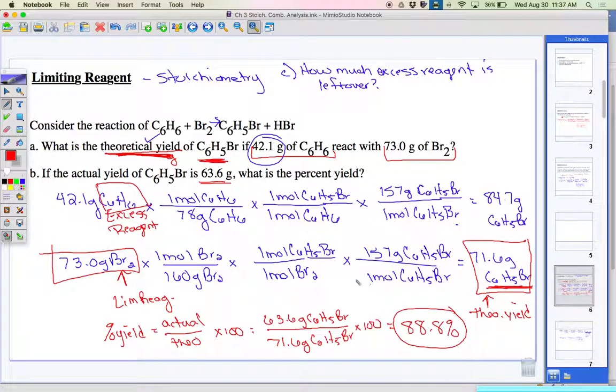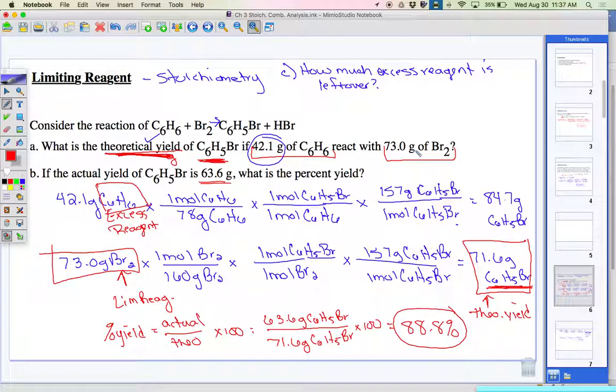You've assumed that 100% of it converted. Okay, so theoretical yield is just the answer to the stoichiometry problem. So that could have read, how many grams of C6H5Br will you make if you start with this and that. Okay, and then the third one, what's the third that accepts C?